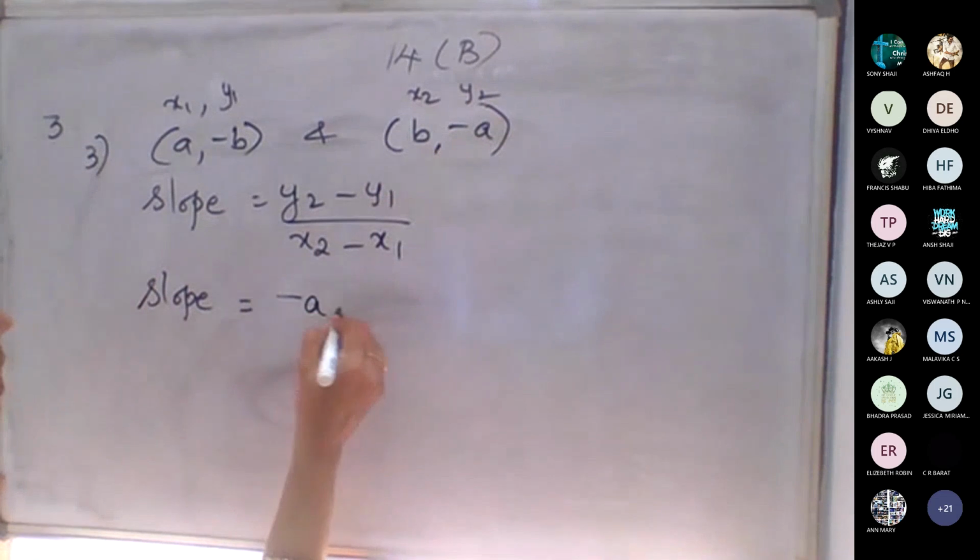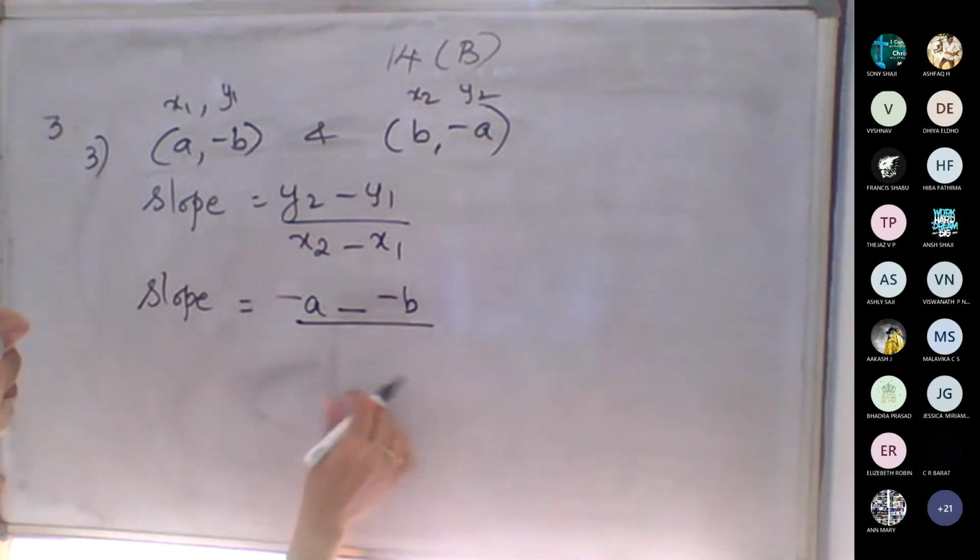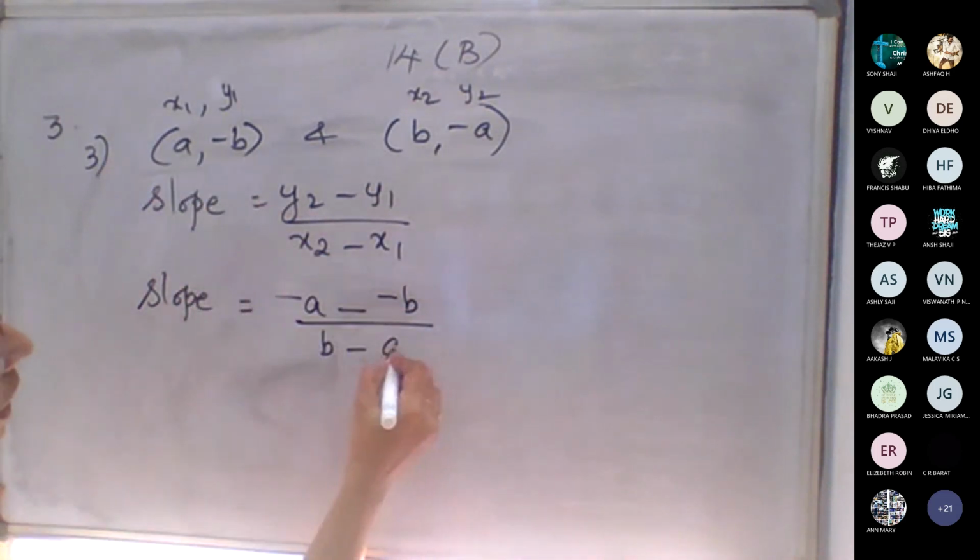Negative a minus negative b divided by b minus a.